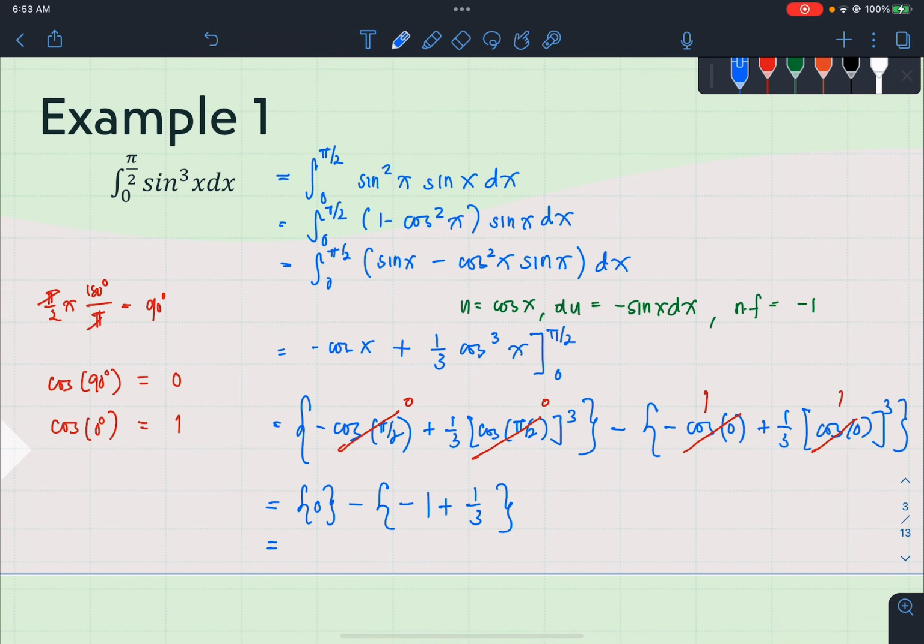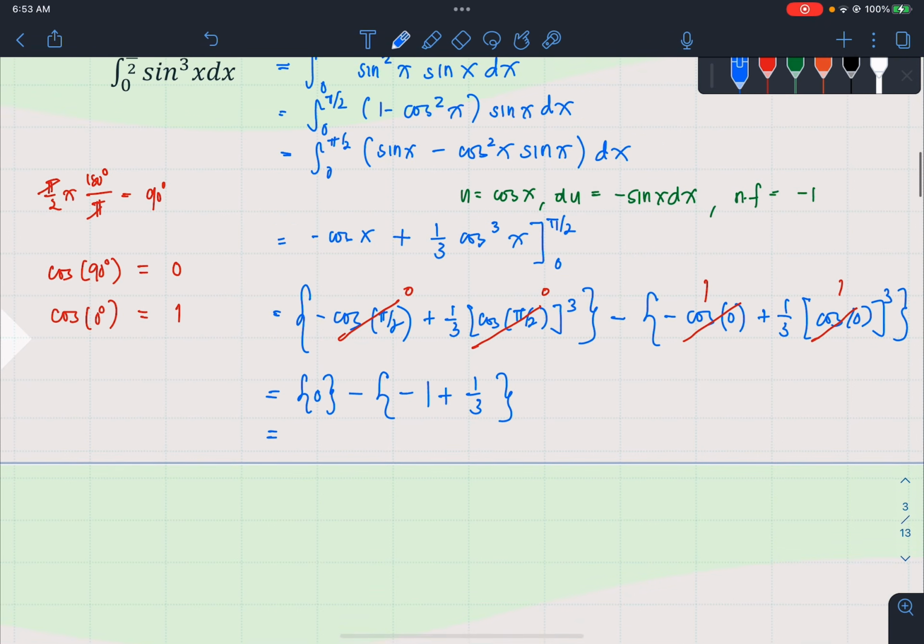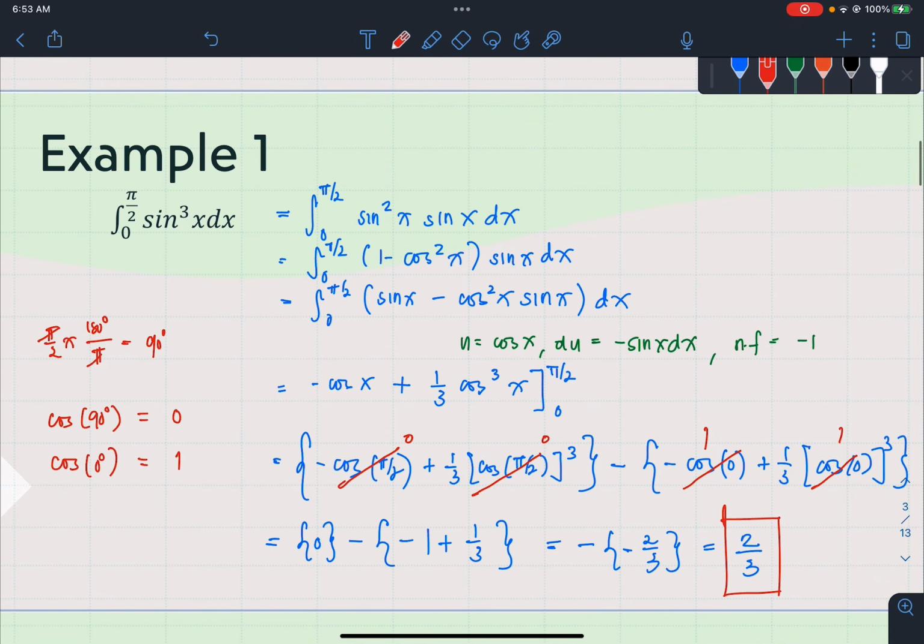Which makes it negative 1 plus 1/3, it's negative 2/3. So negative times negative 2/3, that is positive 2/3. So we have now a definite answer, okay, which is 2/3. So that's the longer method.